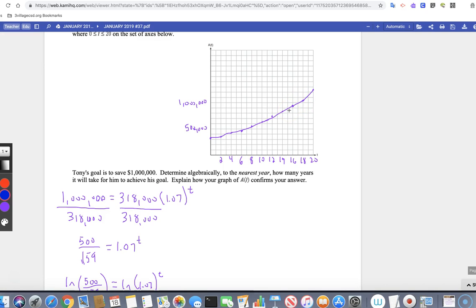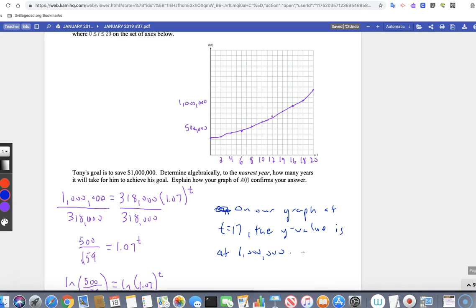So to explain how our graph confirms our answer, I'll write on our graph: at t equals 17, the y value is at 1 million. And that should suffice as support for why our graph confirms our answer.